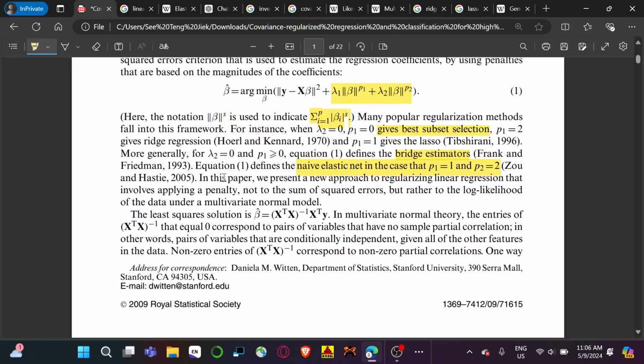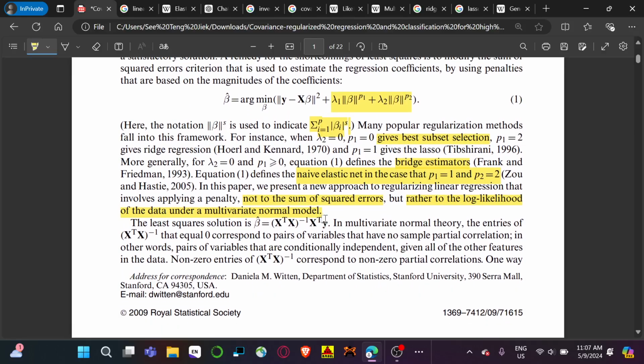So in this paper, they present a new approach to regularize linear regression that involves a penalty, but not to the sum of square errors, but rather to the log likelihood of the data under a multivariate normal model. So what this is trying to do is to not apply a penalty to the equation, but rather to apply a penalty to the log likelihood of the data under a multivariate normal model.